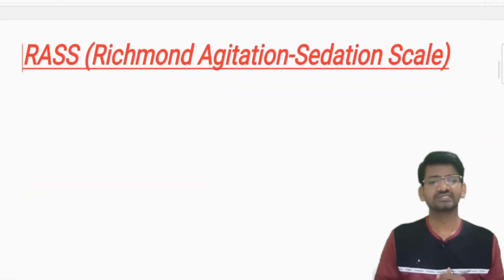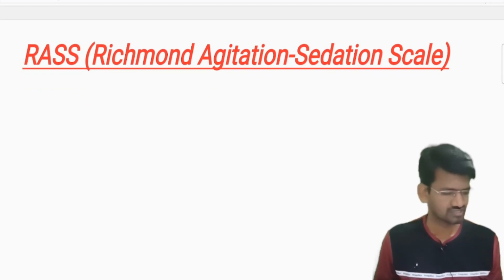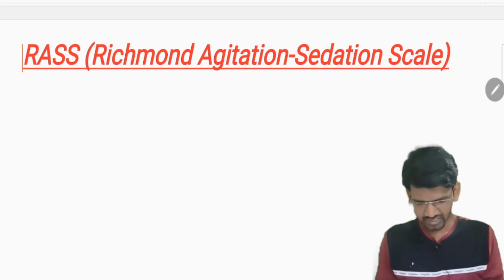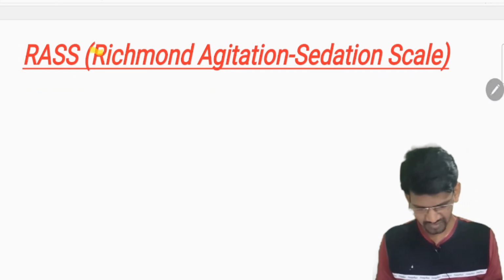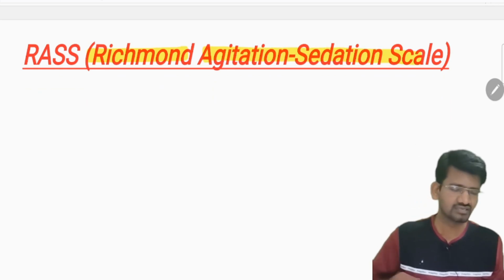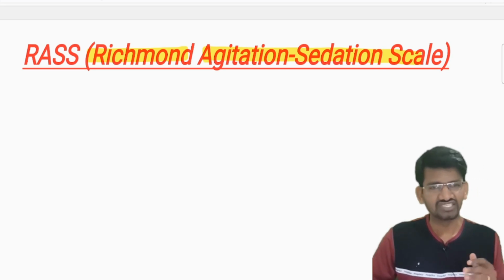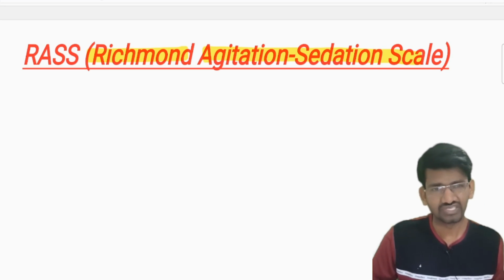Okay, RASS. See, RASS is nothing but the Richmond Agitation-Sedation Scale. See, the name itself indicates it. Here in this scale, we are going to assess the patient's agitation level and sedation level.